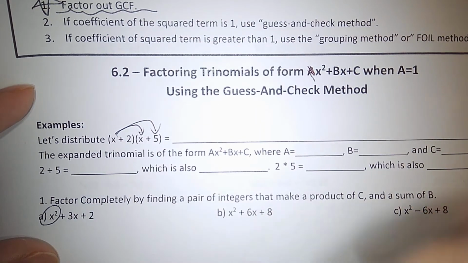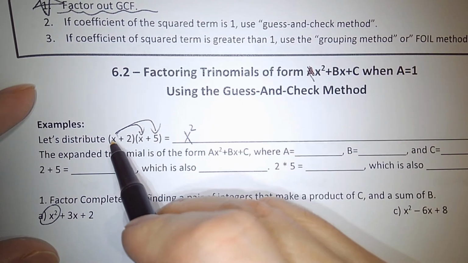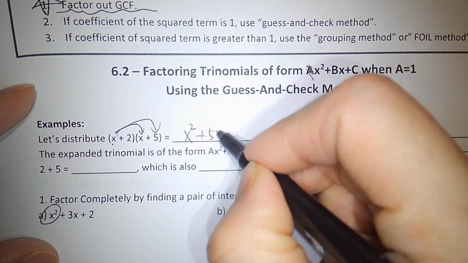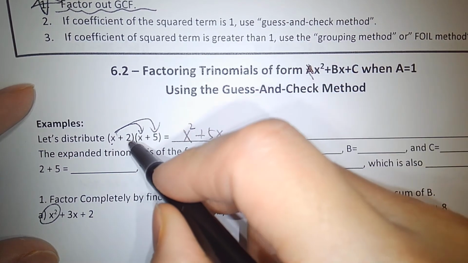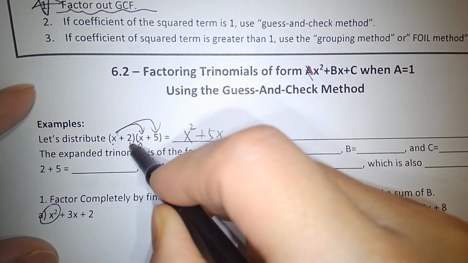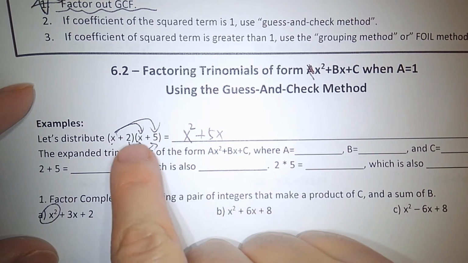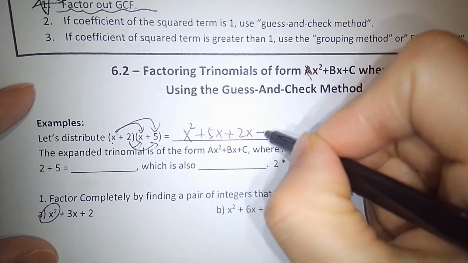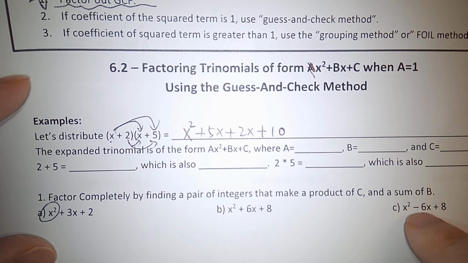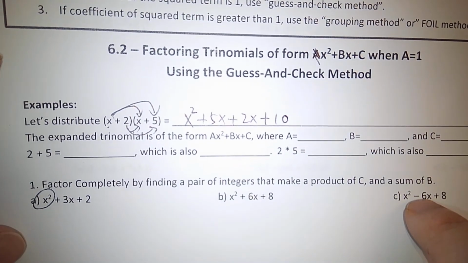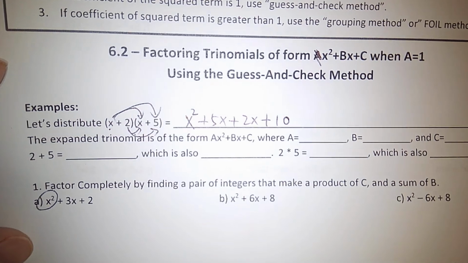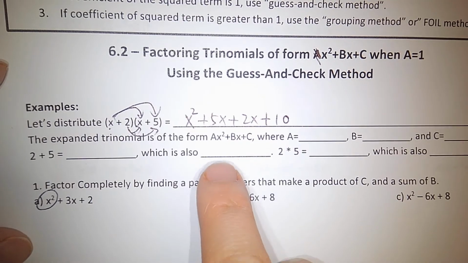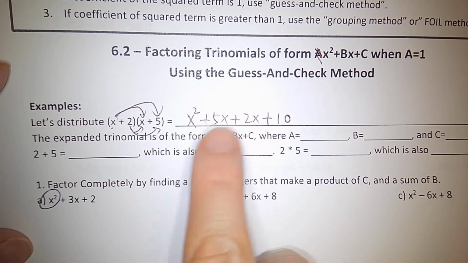Distribute x to x gives us x squared. x times 5, 5x. And then distribute 2 to x and 5 respectively. So 2 times x, 2x. 2 times 5, 10. So that's good.